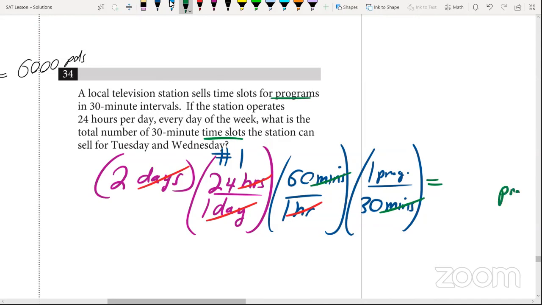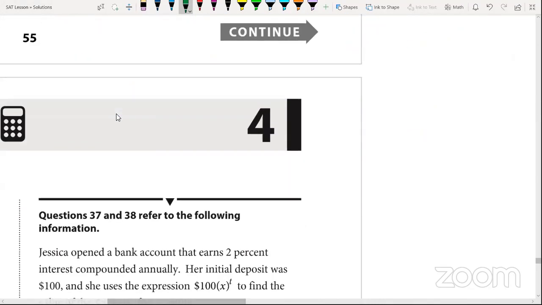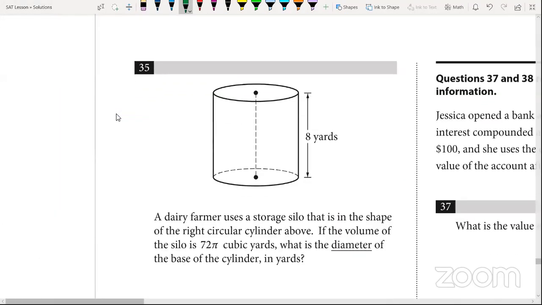So the number of programs is what you get when you multiply 2 times 24 times 60 and then divide by 30. Which comes out to 96. And so the answer to number 34 is 96. Going over to 35.